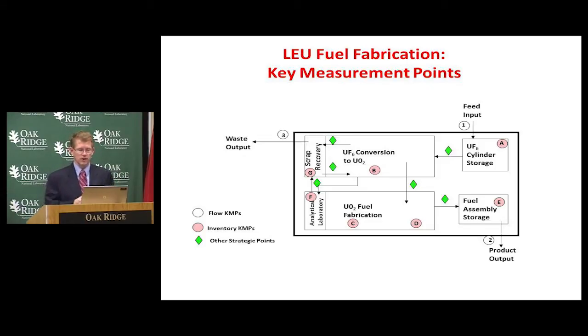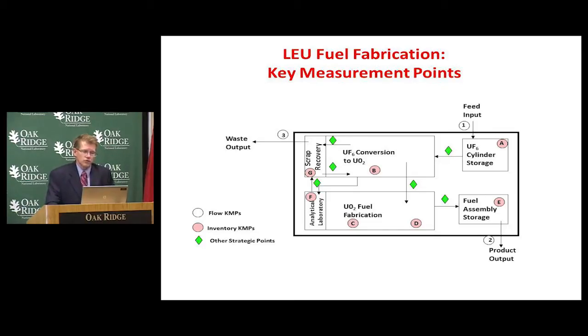They're basically very straightforward to verify. The other category is a bulk facility where the material is changing forms. It's more of a fluid nature, and it's more difficult to verify. So in this particular arrangement, you see two item MBAs and two bulk MBAs.